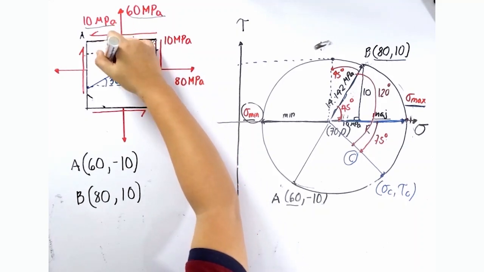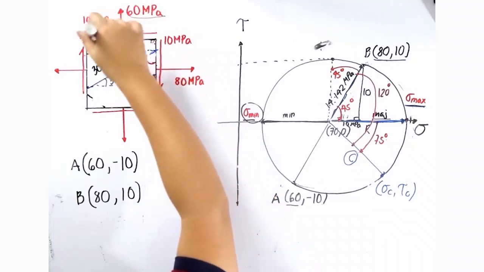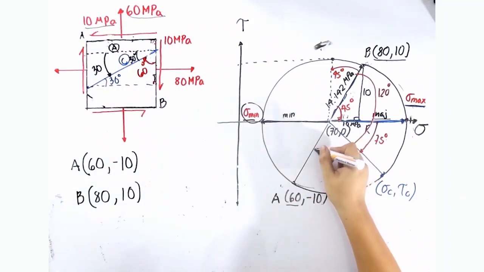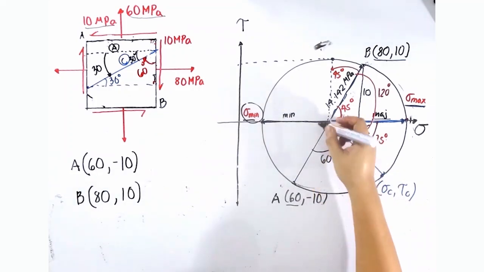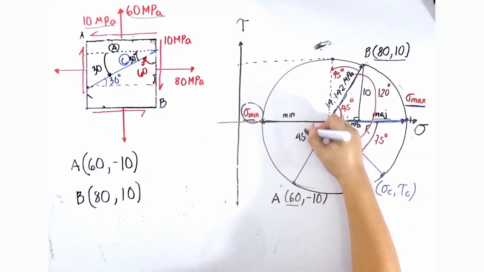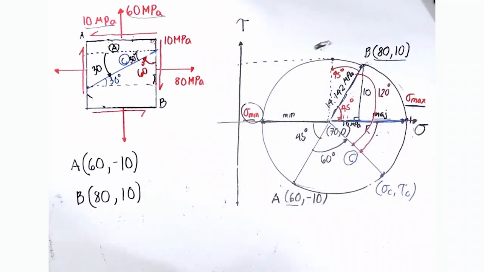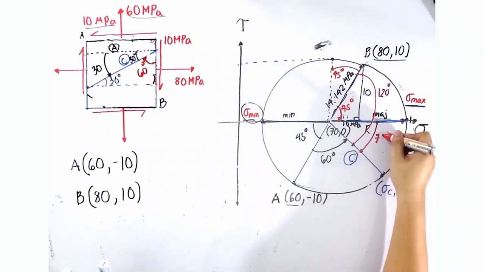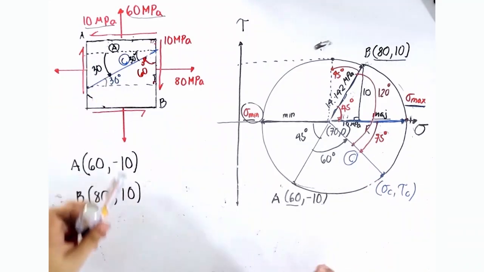Meaning to say, from plane letter A, you have to rotate counterclockwise 30. So if you are going to rotate counterclockwise, 60, because you have to multiply it by 2. If this is 45 and 60, and if you want to get this angle, the answer is still 75 degrees. So you arrive on the same radius that represents the plane letter C.